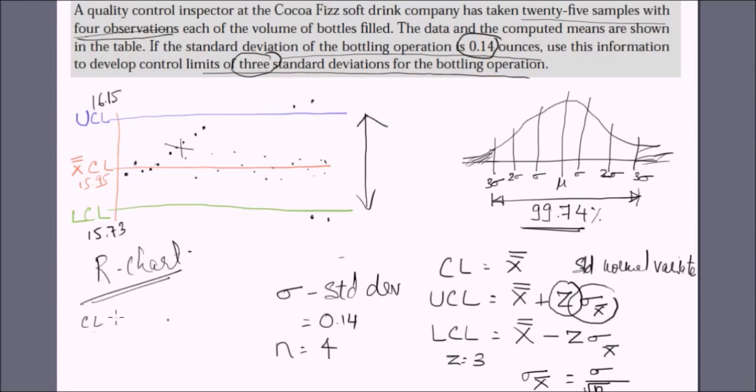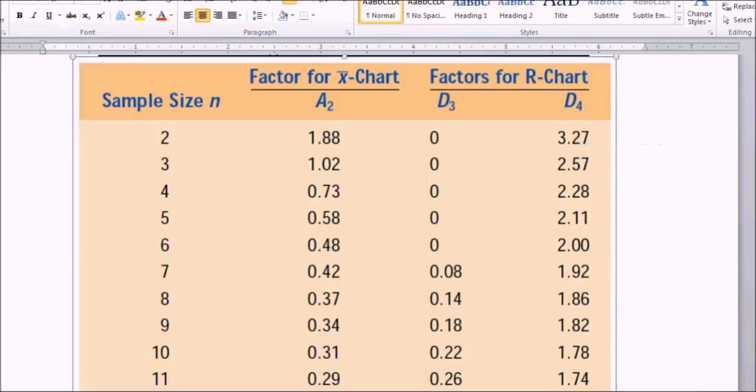The central line is at R bar, since we just have R bar, and the upper control limit is given by D4 times R bar, and the lower control limit is given by D3 times R bar. Again, it can be calculated and drawn in the same way. So let's go to the chart and see.